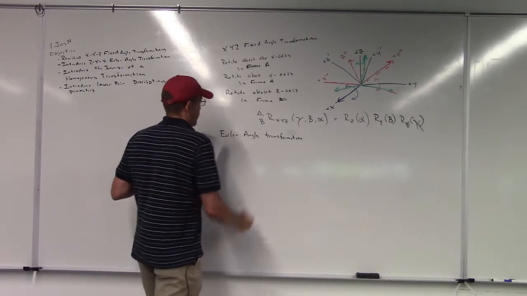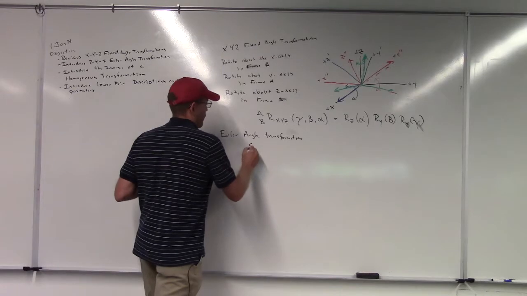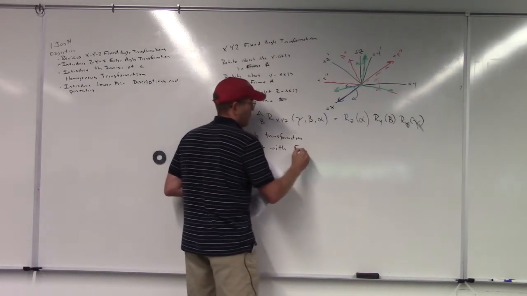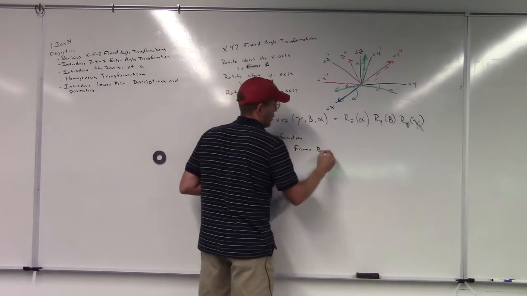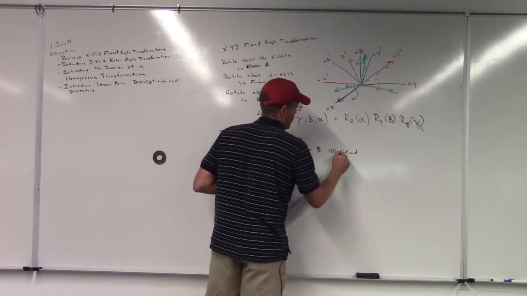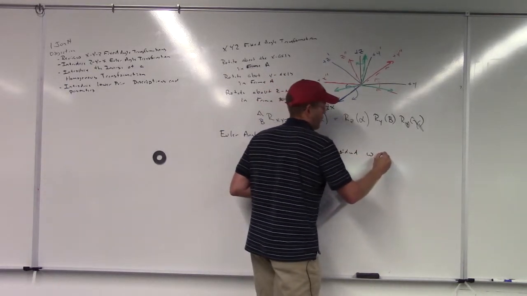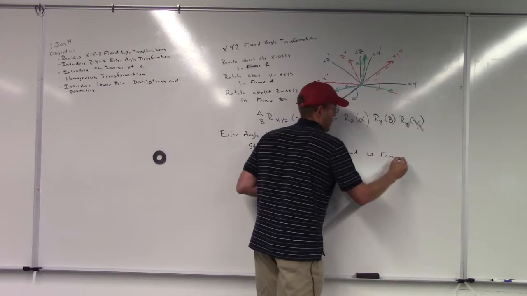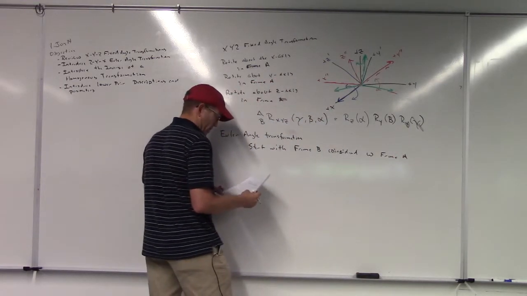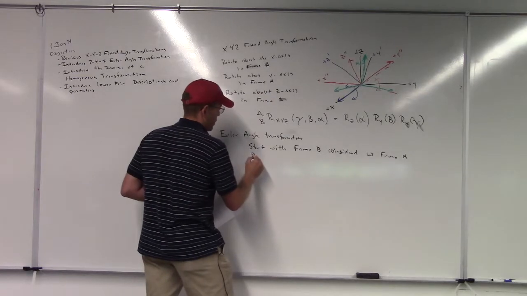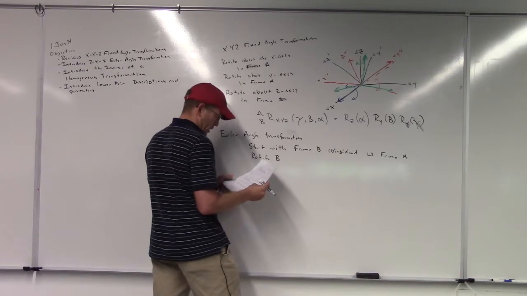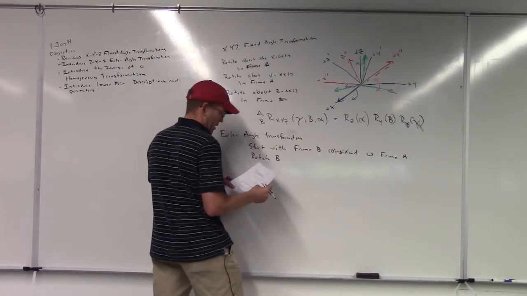So we start with frame B coincident with frame A. That means it's sitting right there on top of it. And then we go through and say, we rotate frame B about the z-axis of frame B.